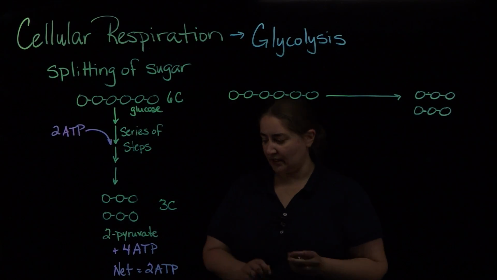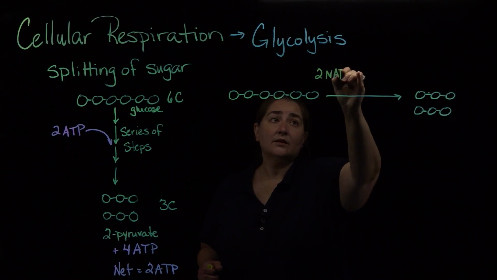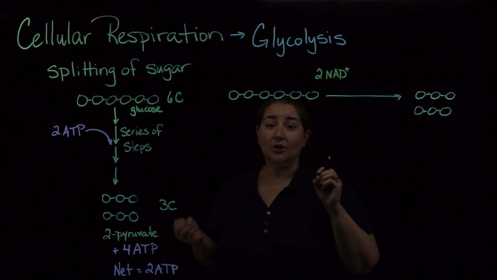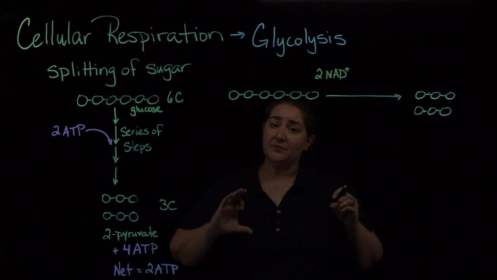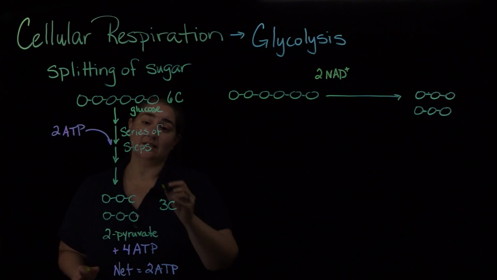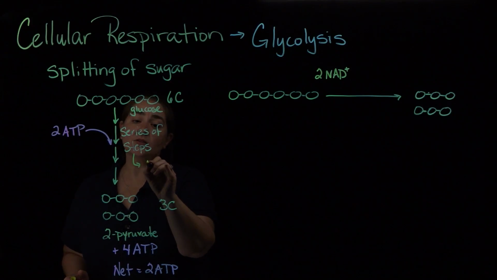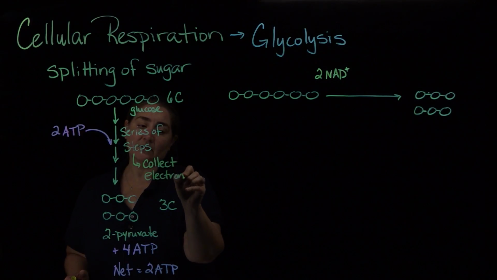this diagram over here to show you the other molecules that we get out of this. Because essentially in this series of steps that happens, in addition to generating ATP, we are also going to collect some electrons, all right?